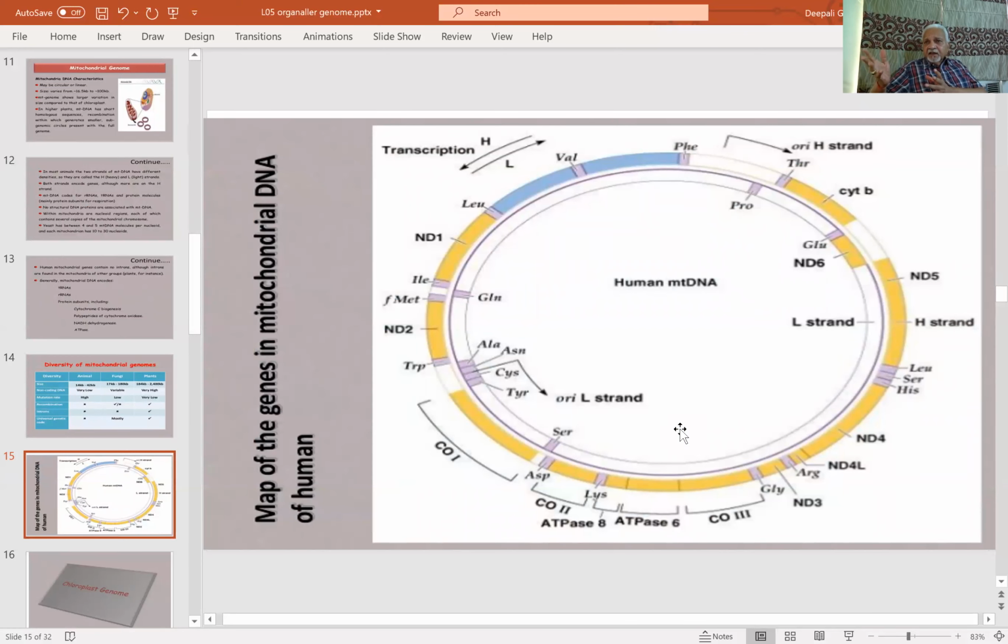And this is just to show that the mitochondrial genomes from different eukaryotic organisms like animals, plants, fungi, including humans, have been sequenced and annotated, and now we know what these genomes contain, what kind of genes they contain, and how these genes help in performing cellular functions.